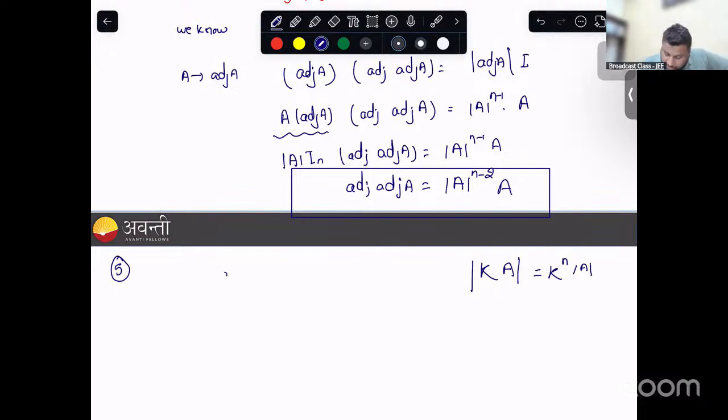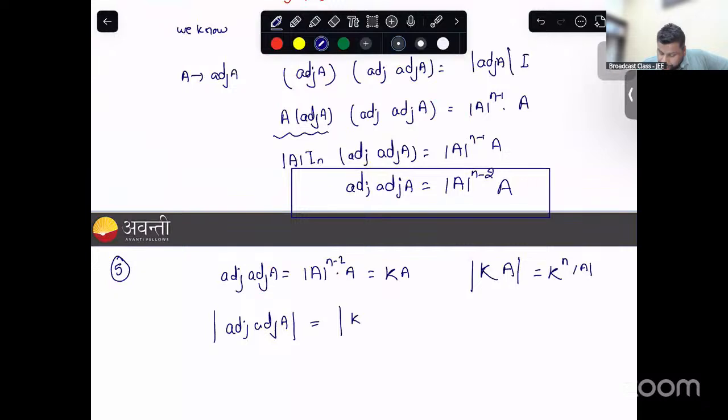Now we already have adjoint of A is determinant of A to the power n minus 2 into A. Correct? Let us assume this is some kA. Now take determinant on both sides. It is determinant of kA.